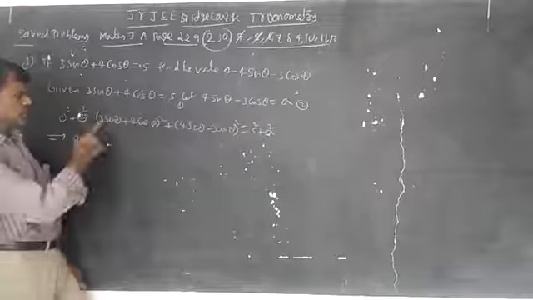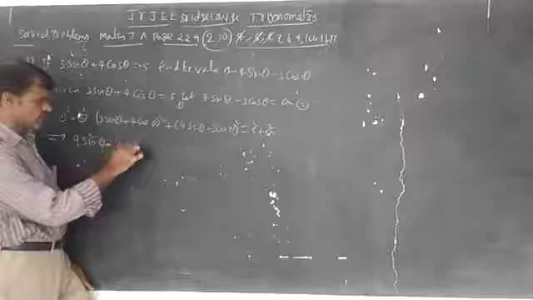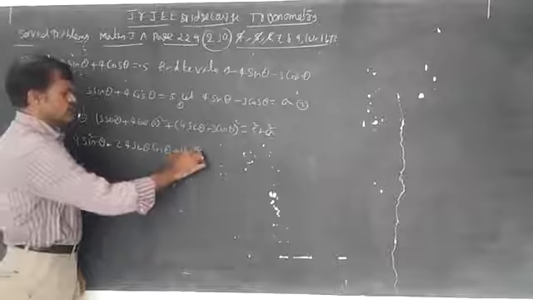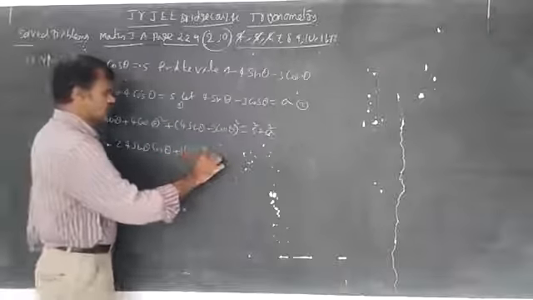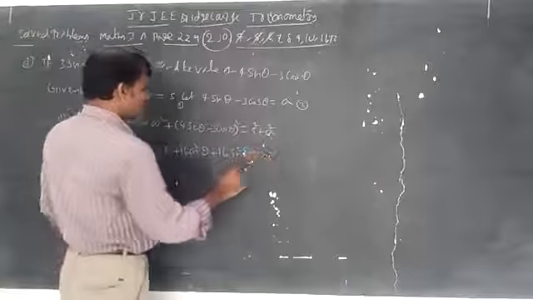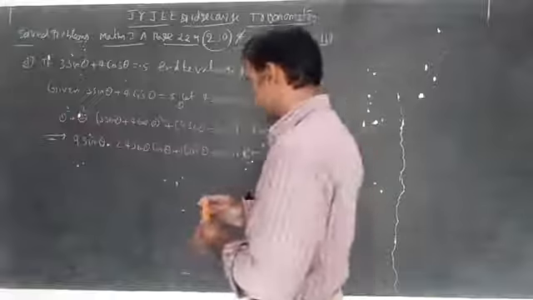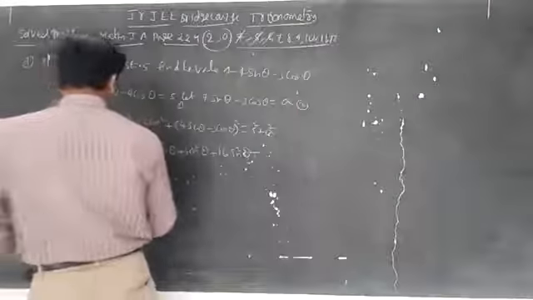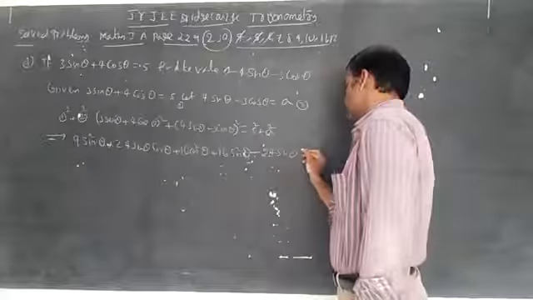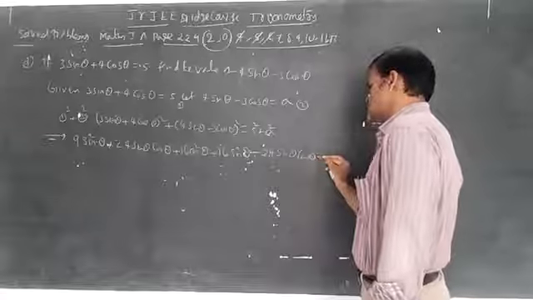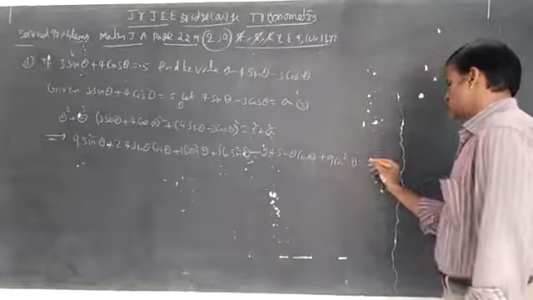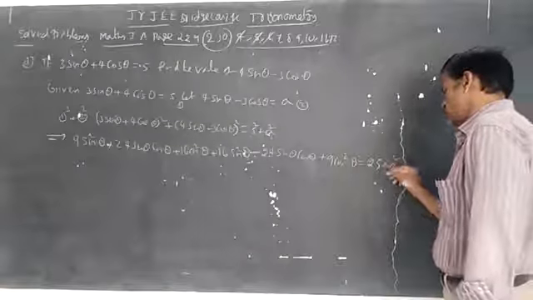So 9 sin square theta plus 24 sin theta cos theta plus 16 cos square theta, plus 16 sin square theta minus 24 sin theta cos theta plus 9 cos square theta is equal to 25 plus A square.